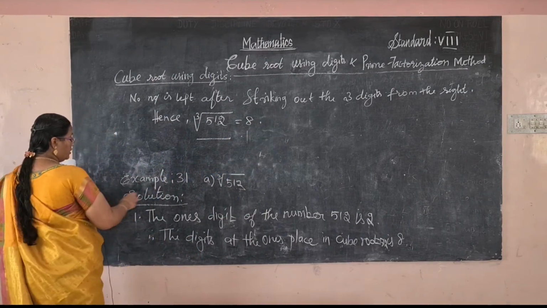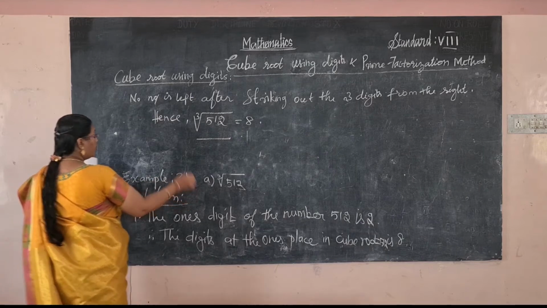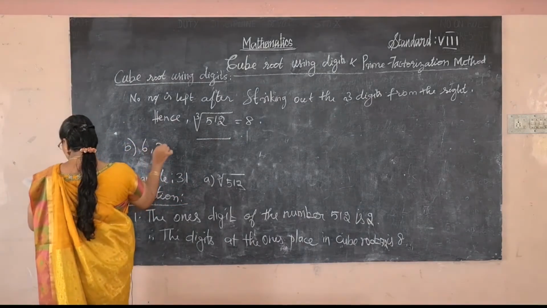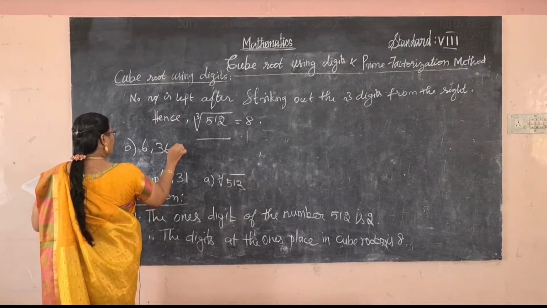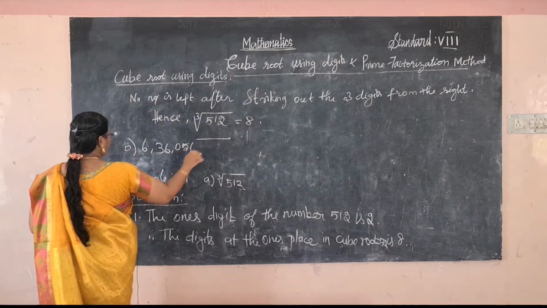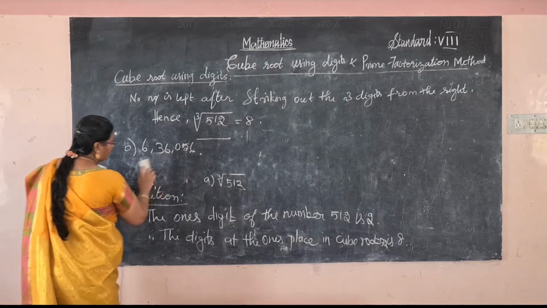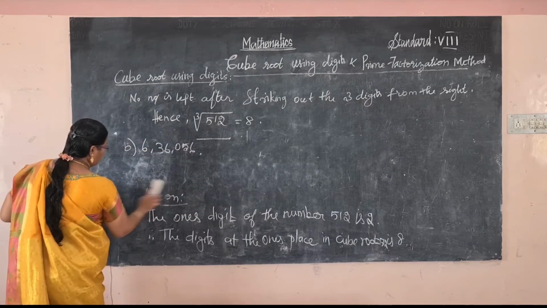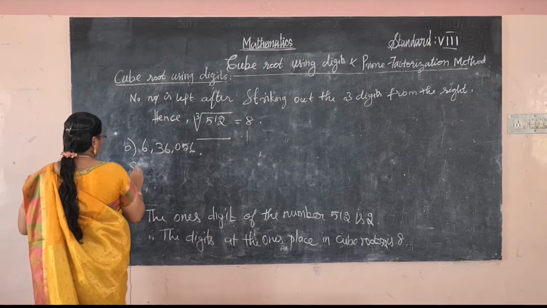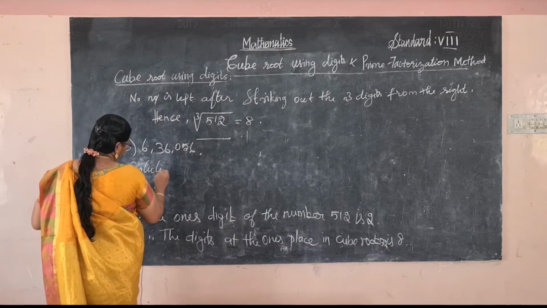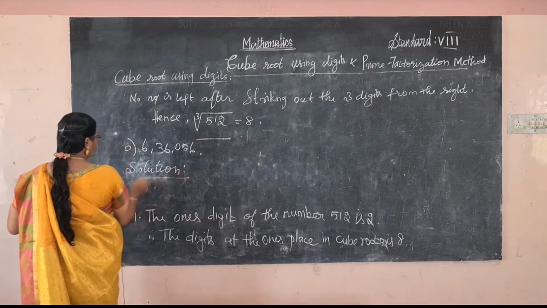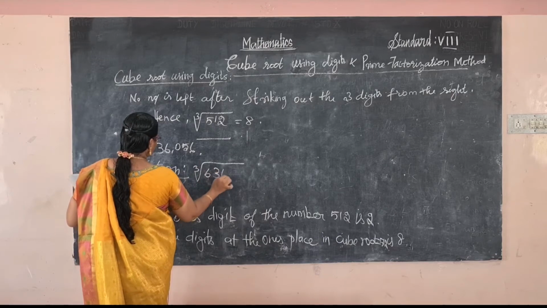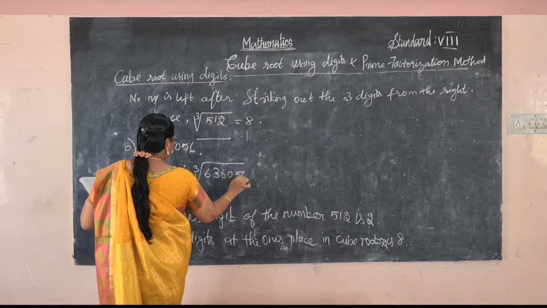And next one, the same example, B problem. The number given is 6,36,056. So, the solution: what we find out is the cube root of 6,36,056.